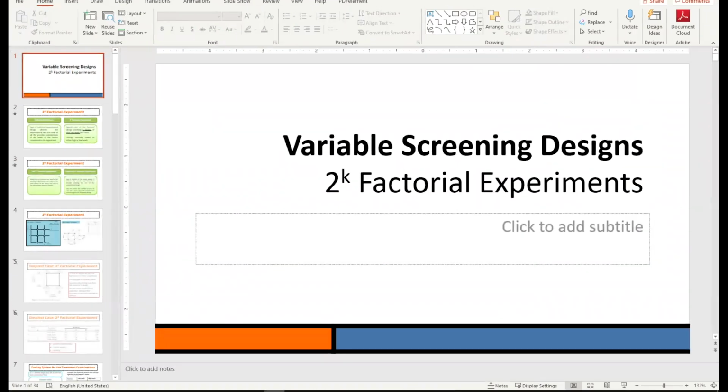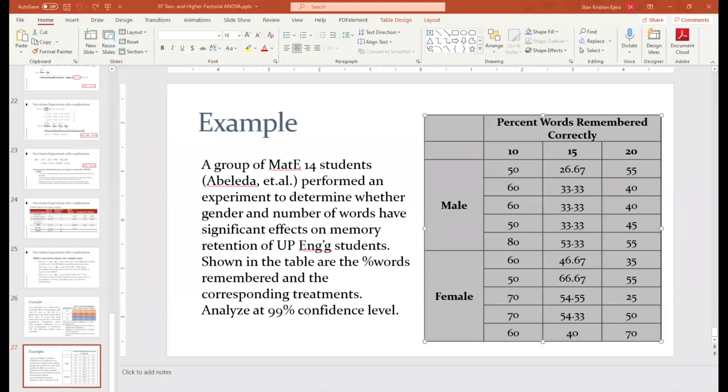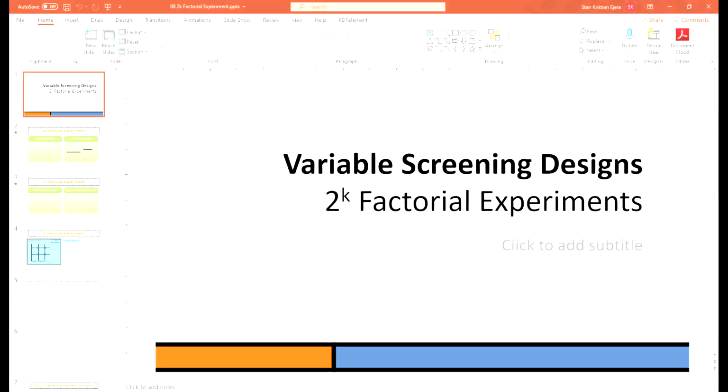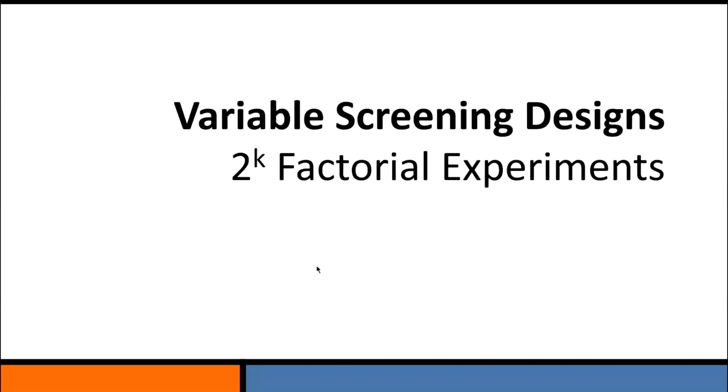And na-mention natin before na there are two types of experiment. Meron tayong tinatawag na variable screening experiment, tapos meron ding optimization experiment.